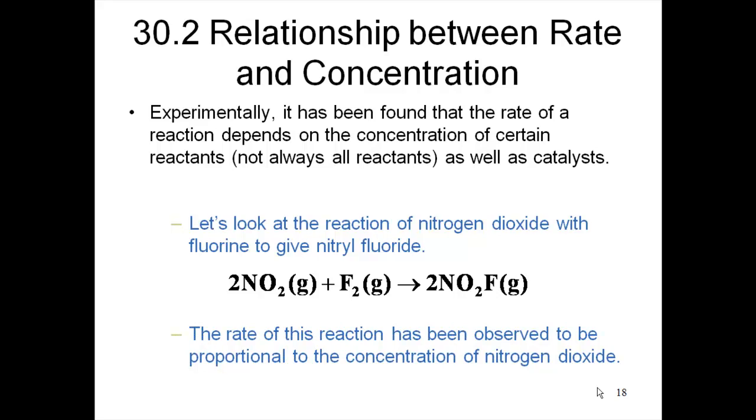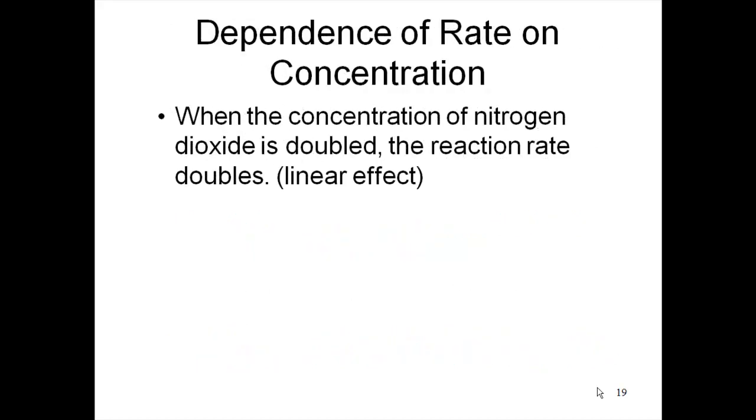If I change the concentration of nitrogen dioxide, my rate changes proportionally. When the concentration of nitrogen dioxide is doubled, the reaction rate doubles. There's a linear effect. If I triple it, the rate triples.